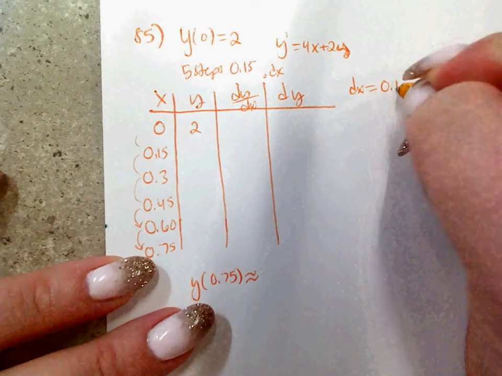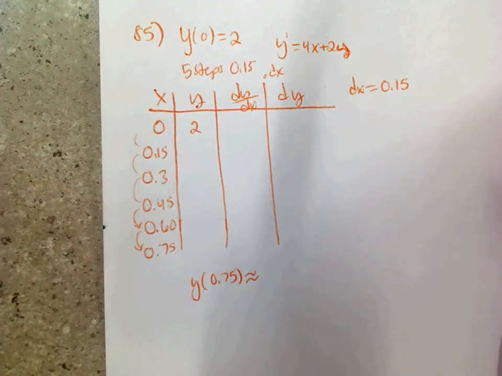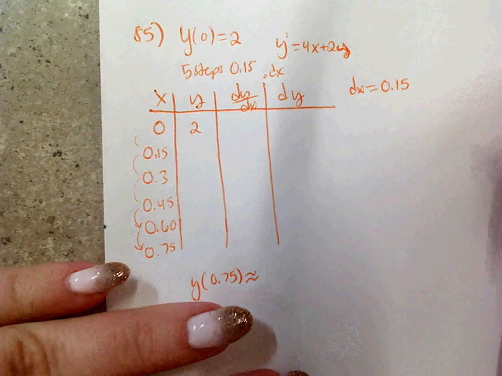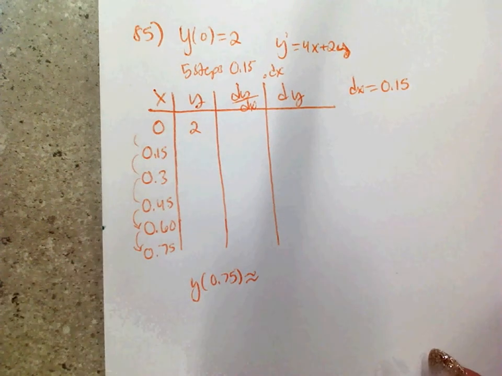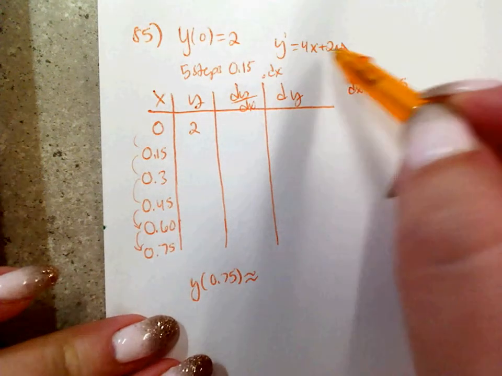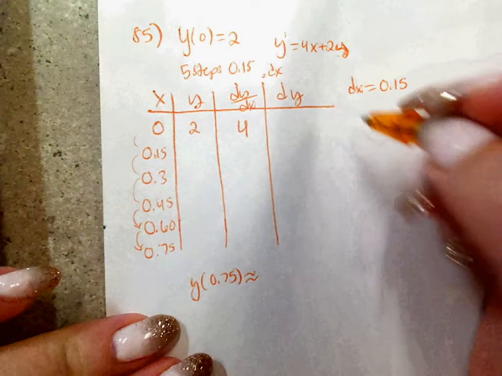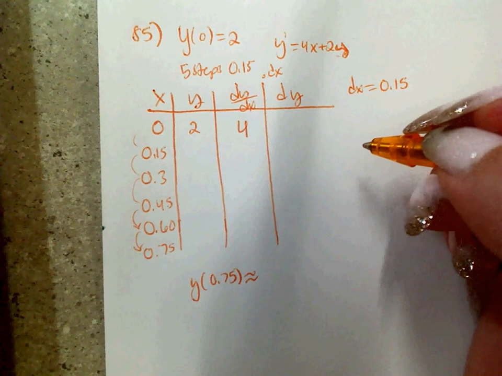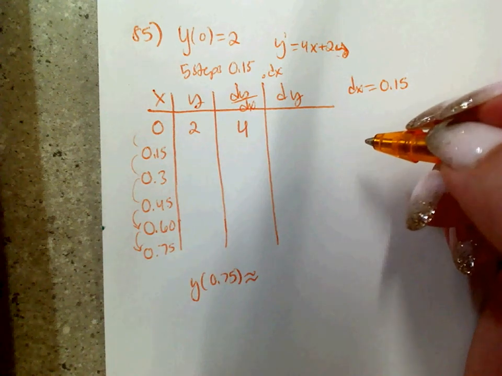Or 15/100ths. But I think this is going to have to be a calculator question because they're going to get kind of hairy. So when I plug in the 0.02 into the derivative, I get 4. I multiply 4 times 0.15, and I get 0.6. Add that, and I get 2.6.